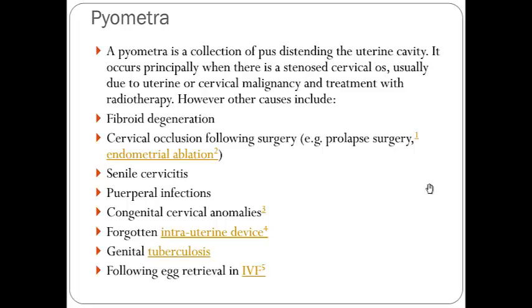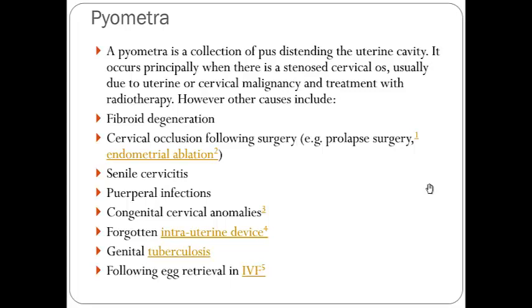Pyometra can also occur due to a stenotic lesion in the cervix, not only malignancy. Causes include previous radiotherapy, fibroid degeneration, cervical occlusion following surgery, senile cervicitis, and puerperal infection. Of course, in the childbearing age, we should think of puerperal infection or post-abortion, congenital cervical anomalies, and a forgotten IUD.